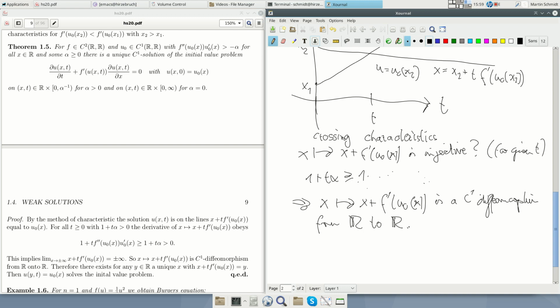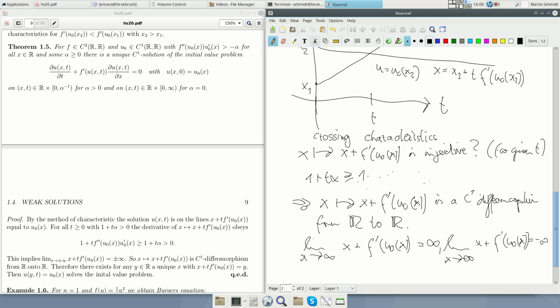It's of course injective. And why is it surjective? Of course, the limit of x plus f prime of u0 of x as x goes to infinity is infinity, and as x goes to minus infinity it is minus infinity.